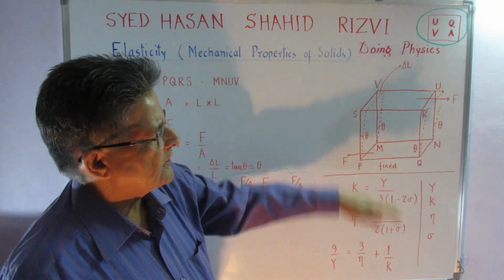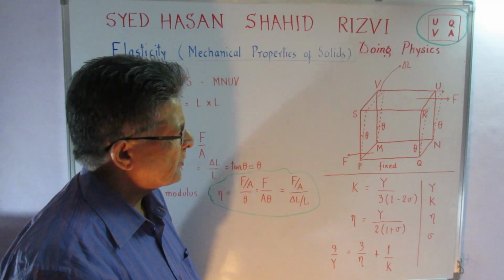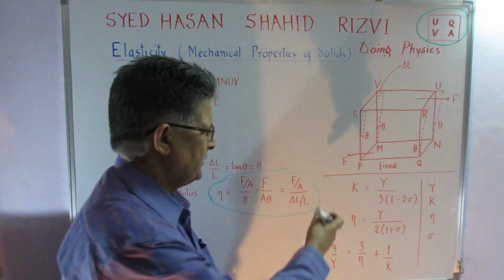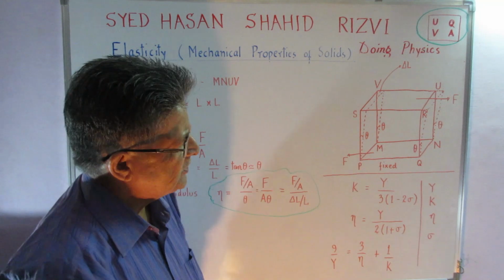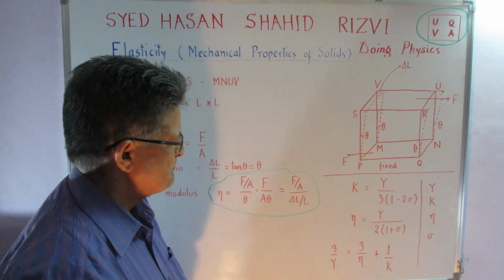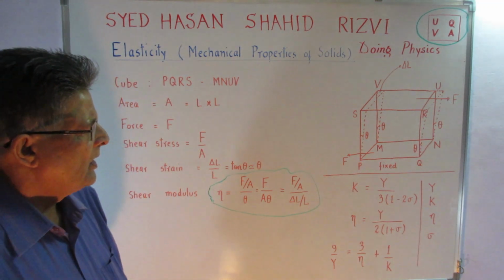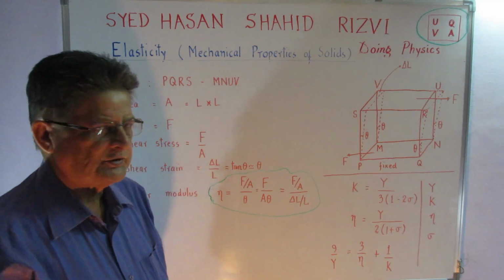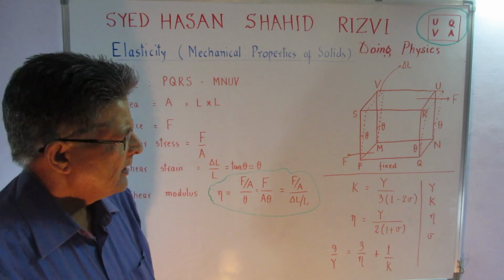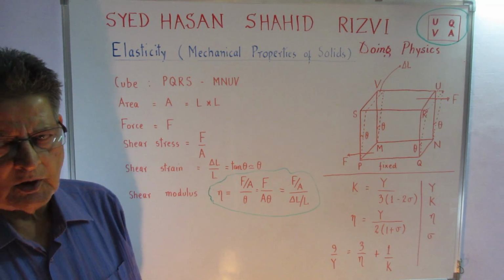And then you can take a section and the disturbance will be proportional to its distance away from the fixed base. These formulae which we have derived here, which come in the category of Hooke's law of elasticity, are all experimentally determined results.